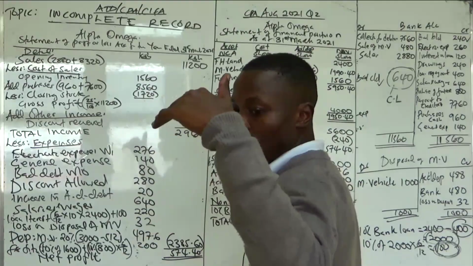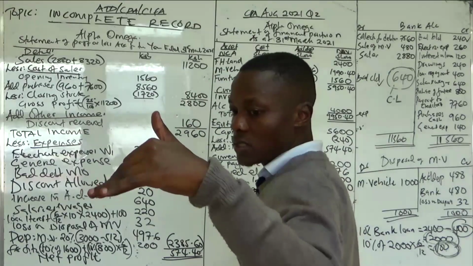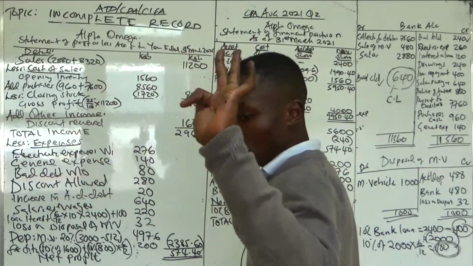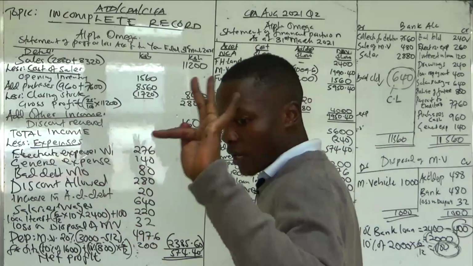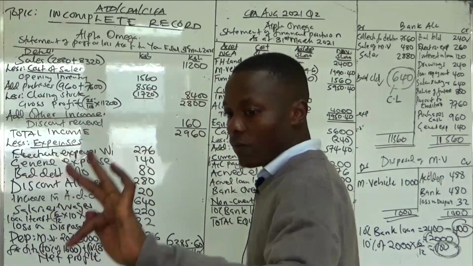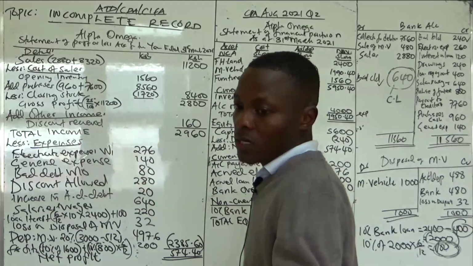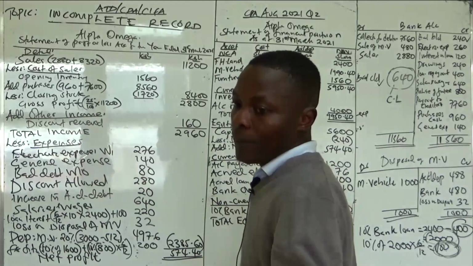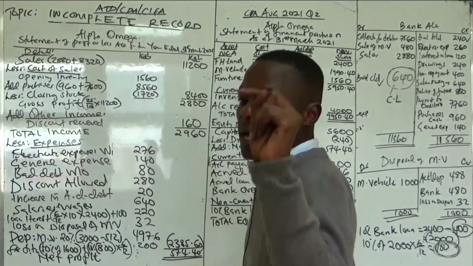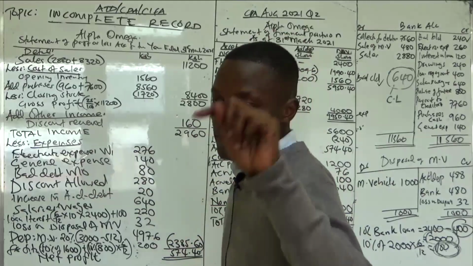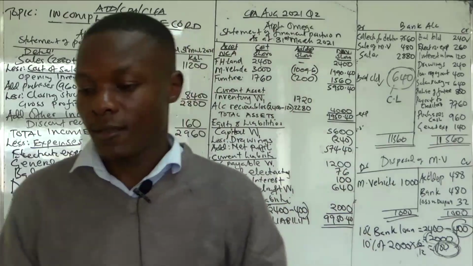Alafu angalie ile control account, bank reconciliation and the theory of financial accounting. Ukiangalia hiyo document nilituma kwa ile group, kuna part inaitwa public sector. Angalia vile wanajaza maswali za public sector in the accounting act.